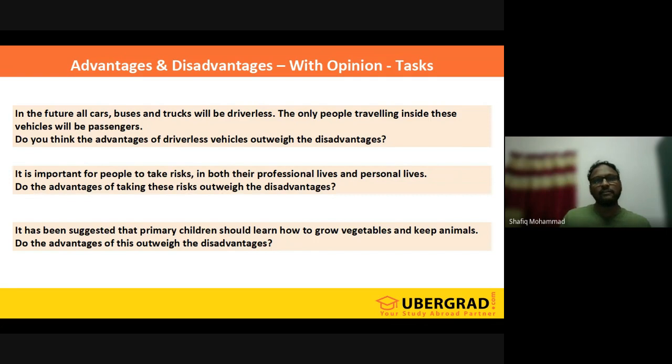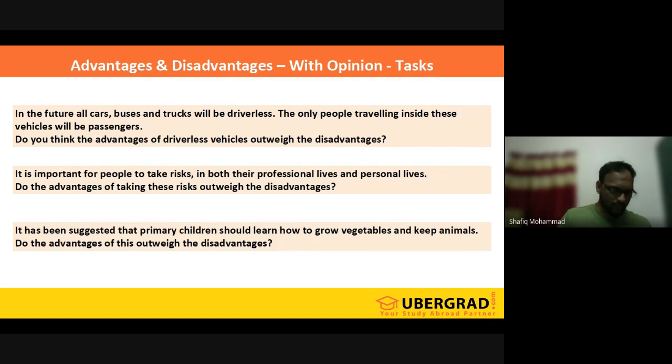Then you can give a detailed explanation of your advantages if you're in favor of that. The last paragraph, you can write more and more, right? For example, if you support advantages, you can just write some of the disadvantages and explain them, and then in the second paragraph write advantages if you're in favor of it.